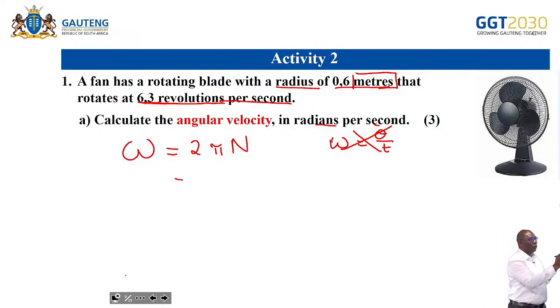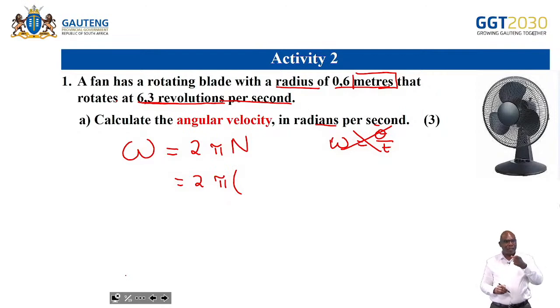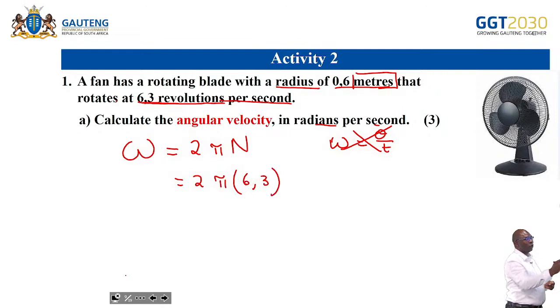Now I'm going to substitute my 2 pi. The only thing you substitute in angular velocity is your number of revolutions. So that will be 6.3 revolutions per second. If I take out my calculator, I'll have 2 pi multiplied by 6.3, and the answer I'll get is 39.58.